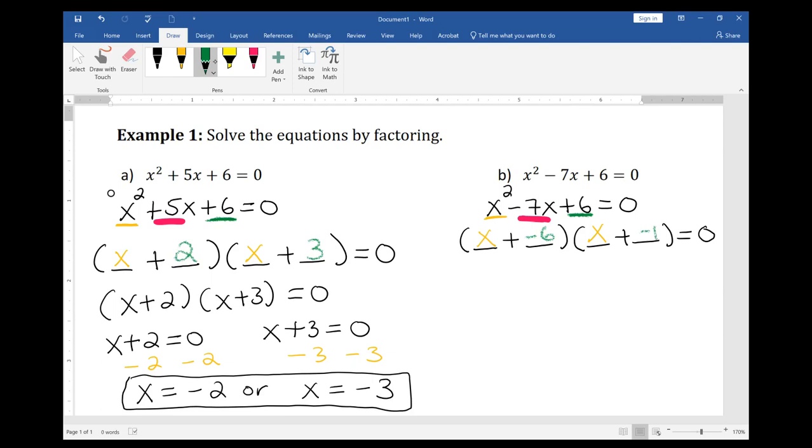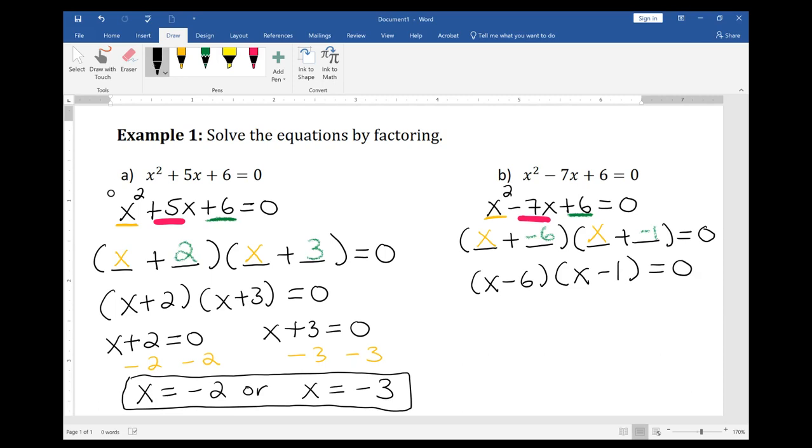Negative 6 times negative 1 will be a positive 6, and negative 6 plus a negative 1 will be negative 7. Therefore, our factors will be x minus 6 times x minus 1 equal to 0.